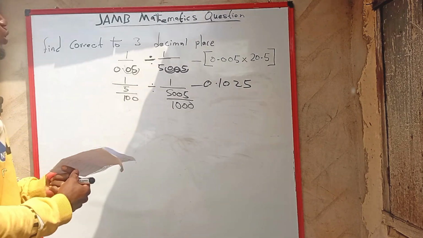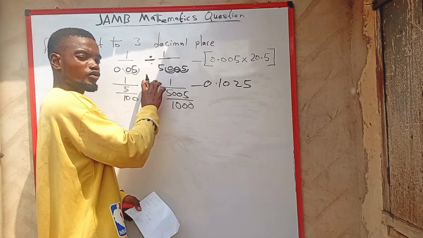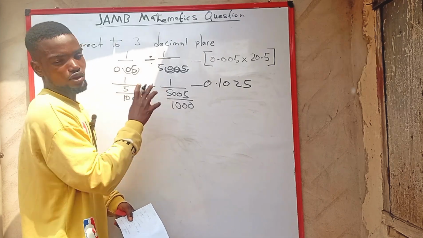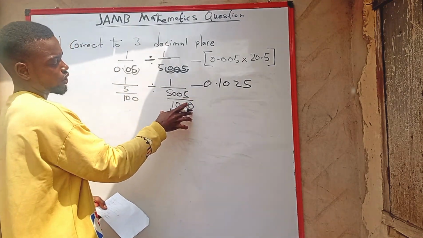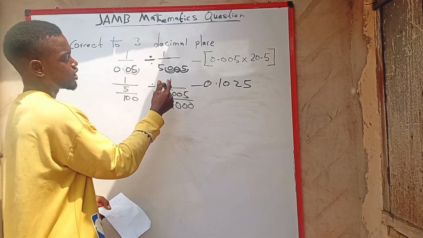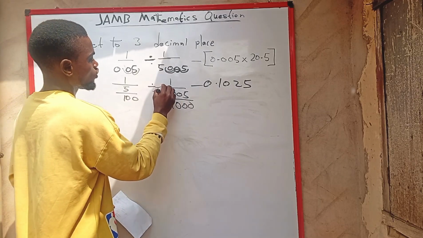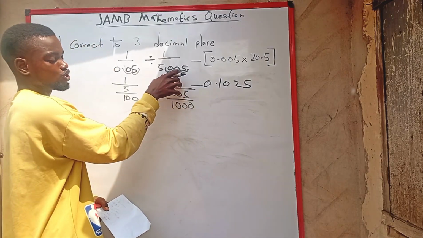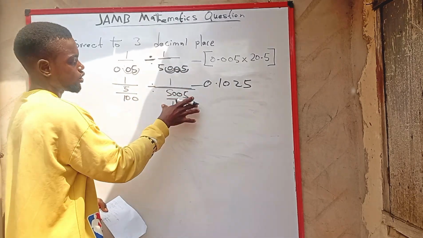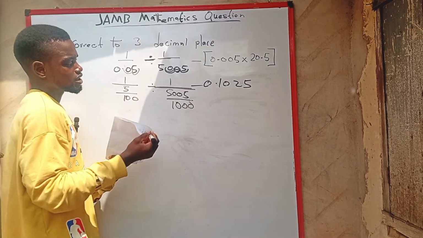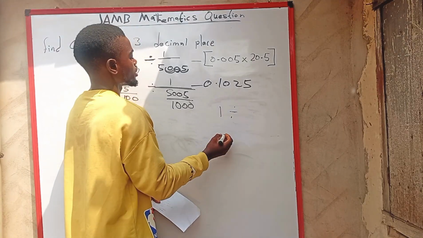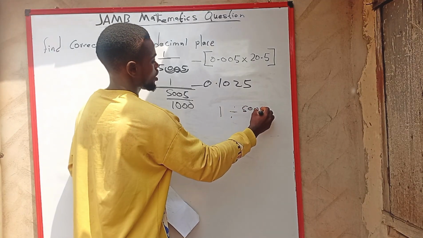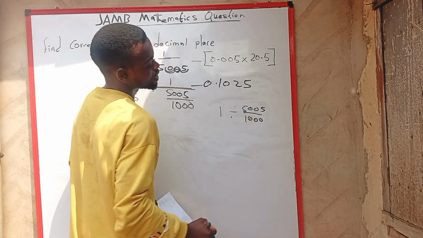Now having known this, we shouldn't just dive into changing division to multiplication. We just have to do what we have here. Now we have a ladder fraction. In a ladder fraction, this one is all over all of this. So this is just the numerator and the whole of this is the denominator. Since this here means division, we have 1 divided by 5005 all over 1000.